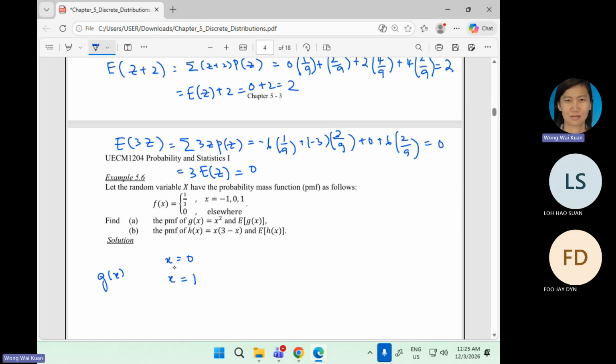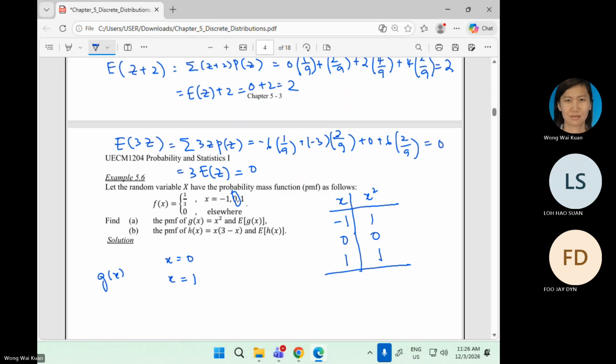My g(X) is 0 when this is 0, right? Just now, X is -1, then this is 1. X is 0, then this is 0. When this is 1, then this is 1, right?